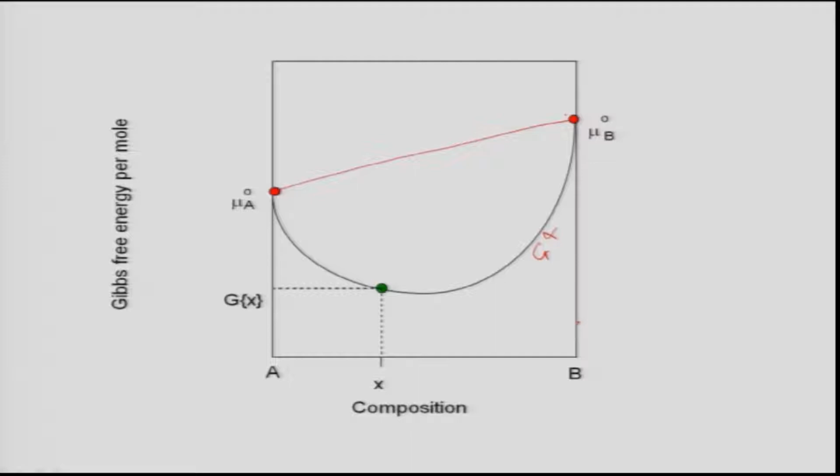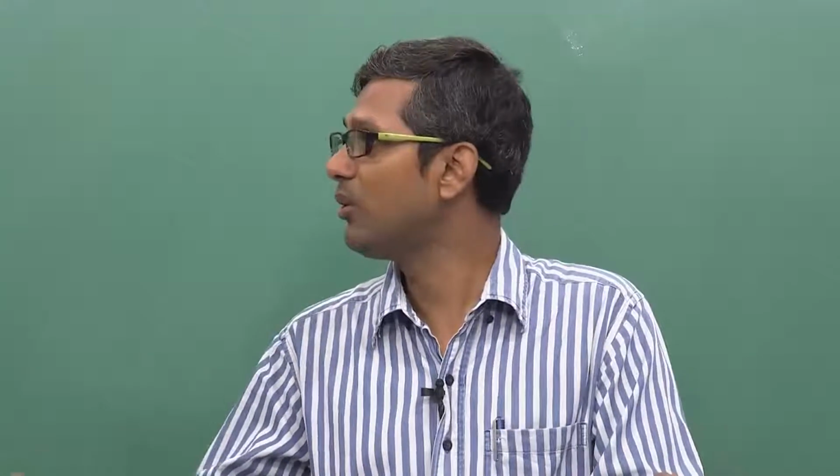At any composition x, the free energy change because of atomic mixing is given by this value, correct. The total free energy is given by, we are drawing a dotted line and marking it as G of x. And as I mentioned, we always try to use the symbol mu for the pure components instead of GA0. In the literature you will find mu, but there is nothing wrong if you use GA0 also.